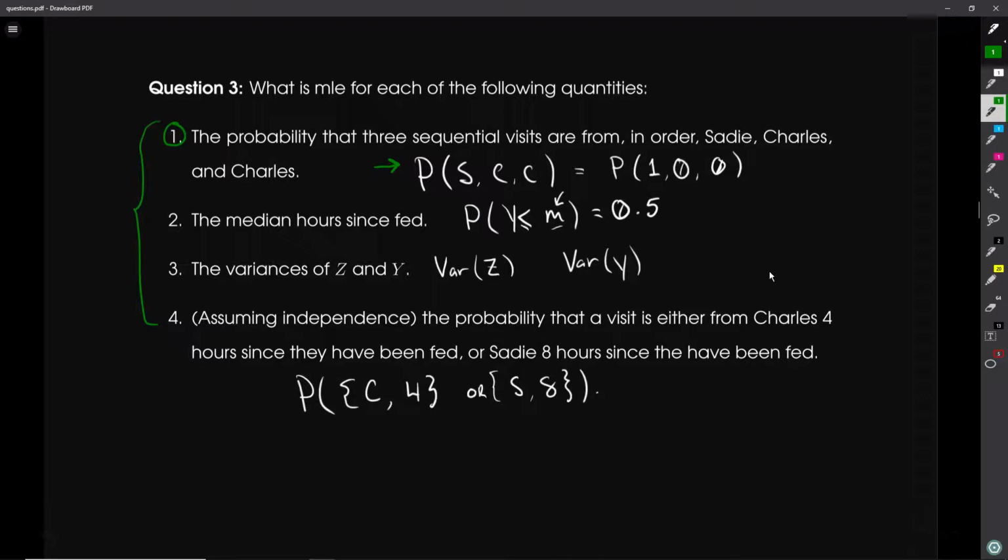Well, these sequences of events, the probabilities that they occur, are defined based on the fact that we have a binomial 1p model, right? And so if we knew p, then we could just compute this probability. Similarly, the median hours since fed, well, we know that if we knew all of the pi that define y, right? So if we knew this whole vector, then we could compute this. We could figure out what the value of m such that this is true is, and so on with the variances and this final probability model down here.